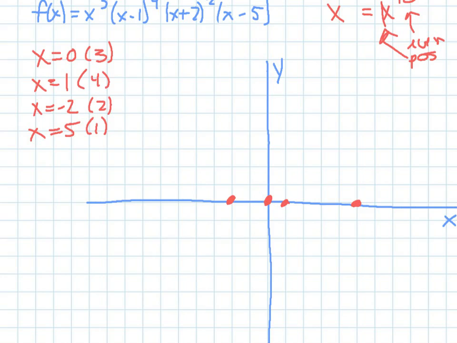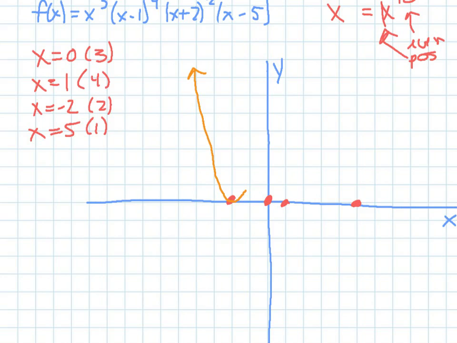So I'm working from left to right. As I'm coming down from positive infinity to my first zero, at -2 it's even. So I'm going to touch this x-intercept, and then I'm going to head back in the same direction.